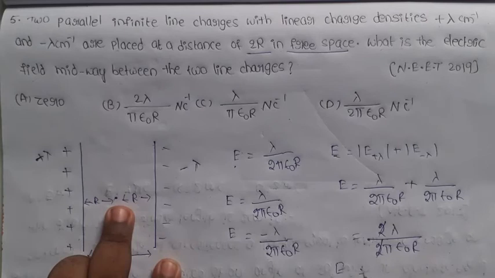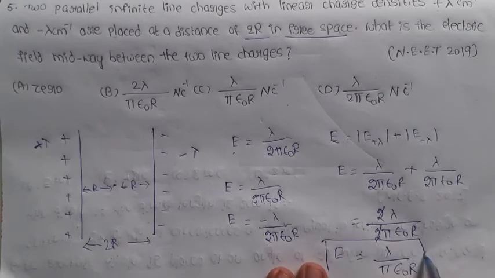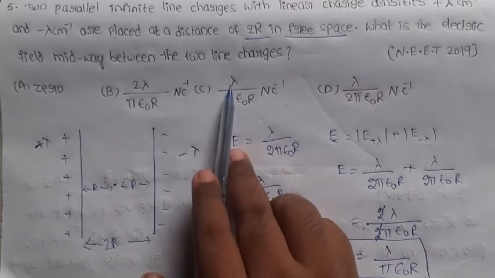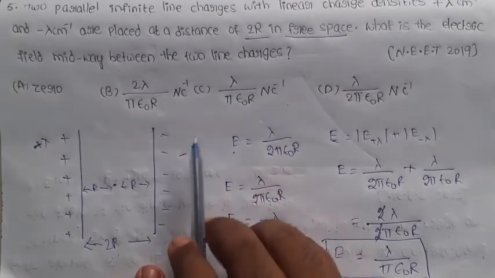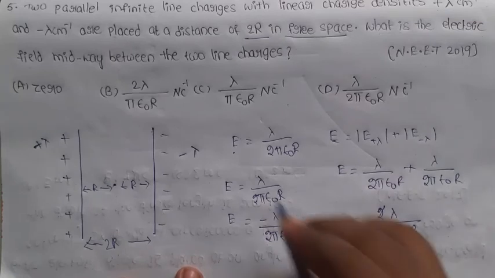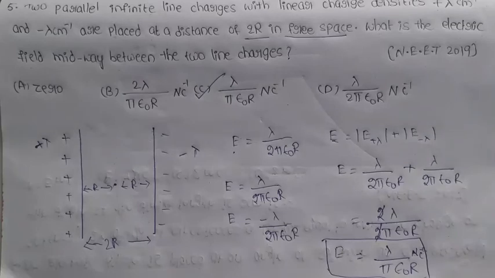So the electric field at midway equals lambda by pi epsilon naught r. This is the answer. See the options: lambda by pi epsilon naught r, where the unit is Newton per Coulomb. So option C is the correct answer. Next, move to the next question.